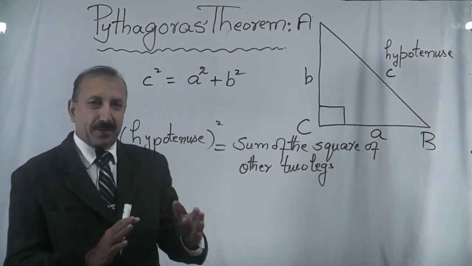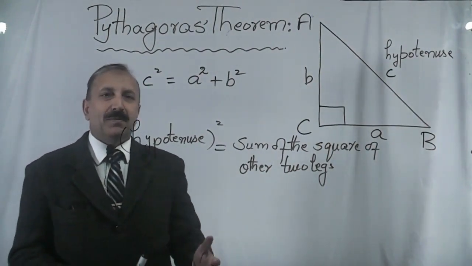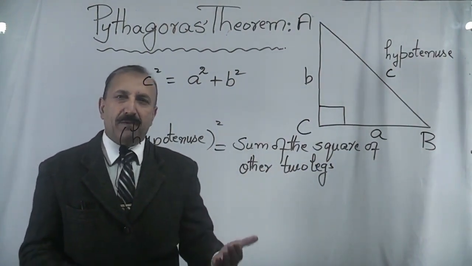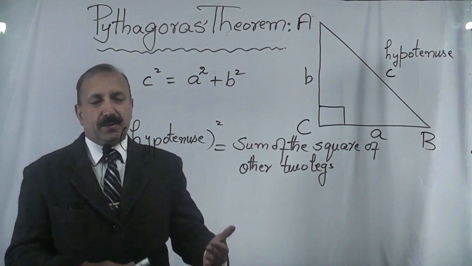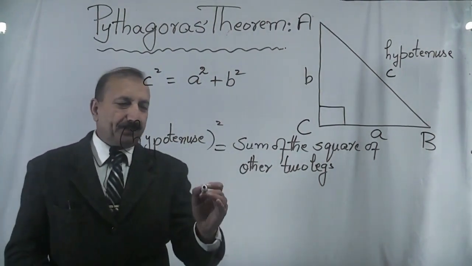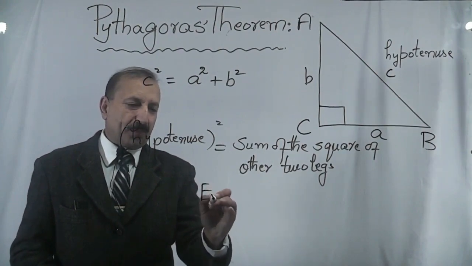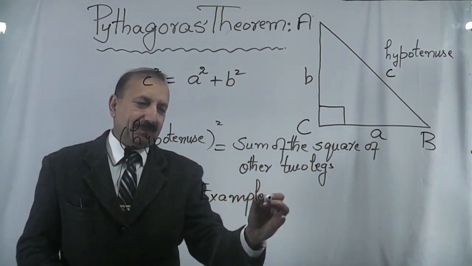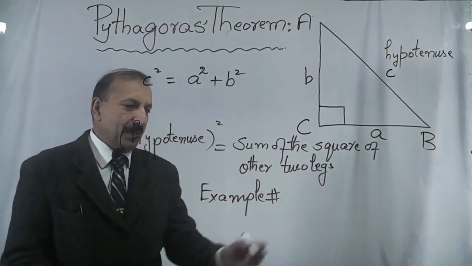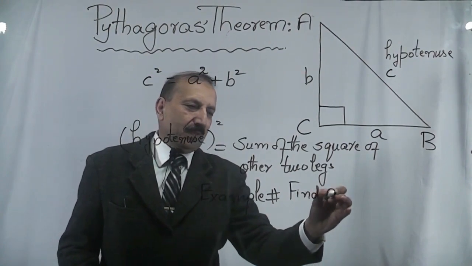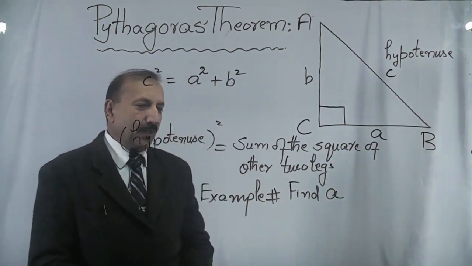And under this topic we will learn the relationship in the sense that sometimes we have one unknown side and the other two sides will help us to find the unknown side. For example, find small a in a triangle.